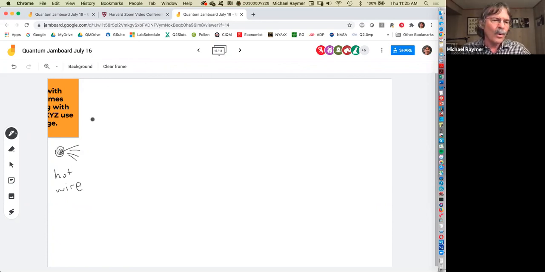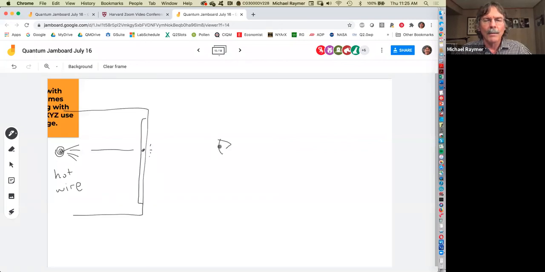I'll just do a little digression here. A cathode ray tube. There's a cathode. A cathode is a hot piece of metal that spits out electrons. And then on the front of the viewing screen, what's it called, a phosphor. And if an electron strikes a point on the phosphor, it emits a little bit of light. So when you're over here with your eyeball looking at it, you see that. Okay. So that's how you make electrons to begin with.